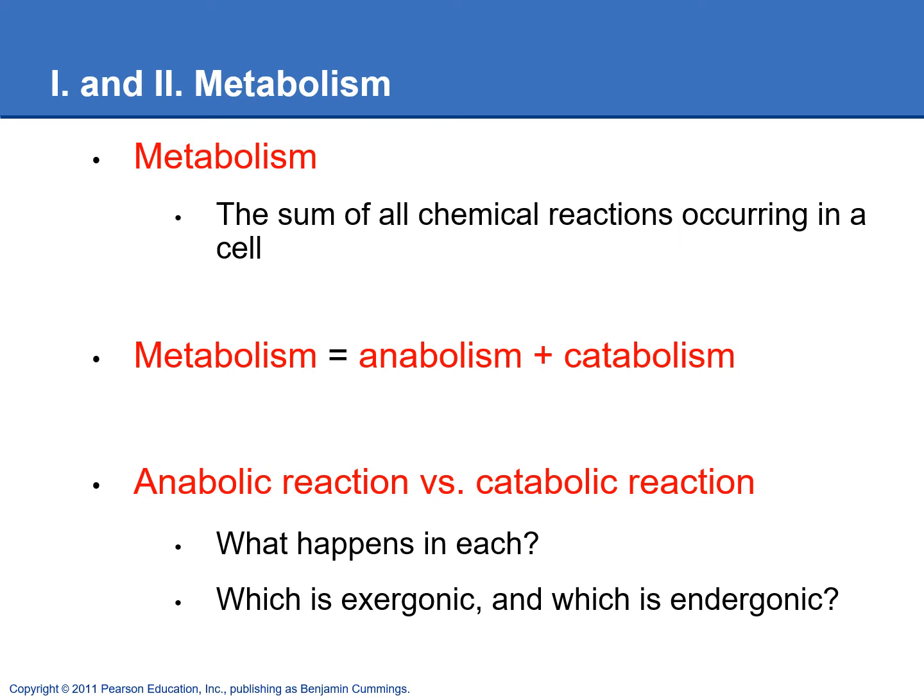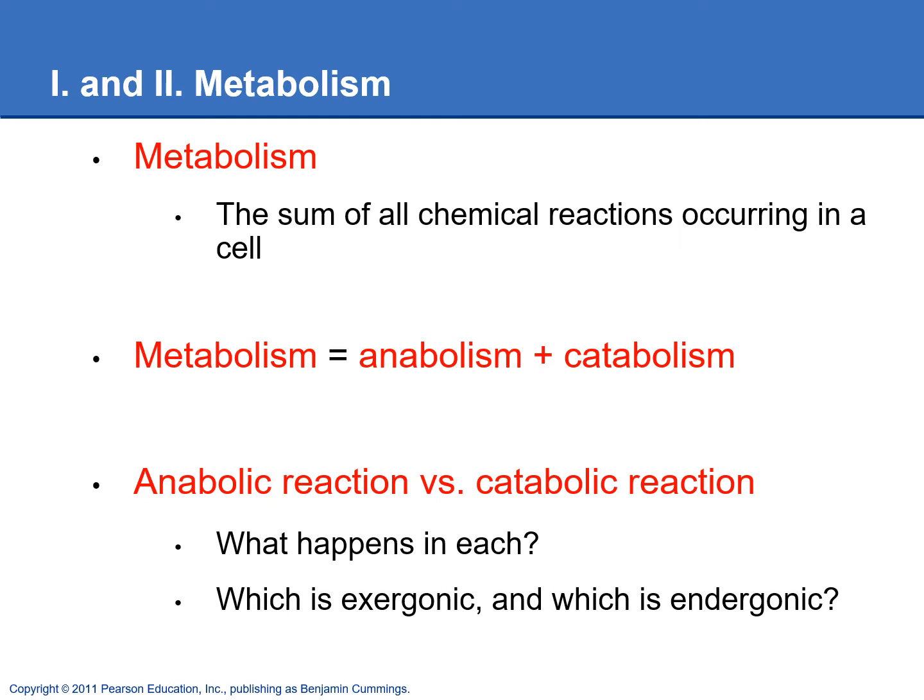And remember that anabolic reactions are endergonic, because they require energy to happen. You've got to put energy in, and that's what endergonic is referring to. So they require energy. Catabolic reactions are just the opposite. So you start with a larger molecule and you break it into smaller molecules.